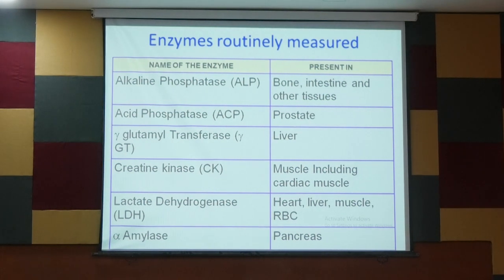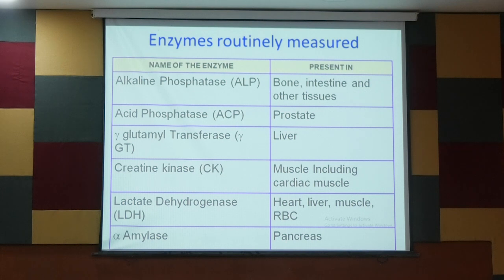Alkaline phosphatase. Suppose this kind of question is asked: list out the clinically important enzymes and the organ involved. So just name them and the organ they are related to. Alkaline phosphatase, ALP: bone, intestine and other tissues. Acid phosphatase: prostate.